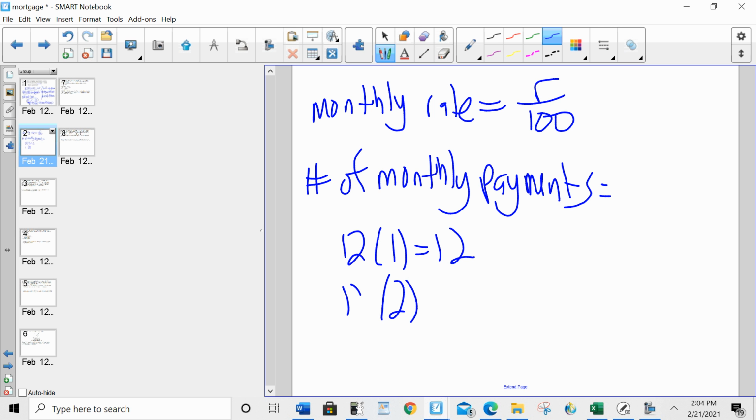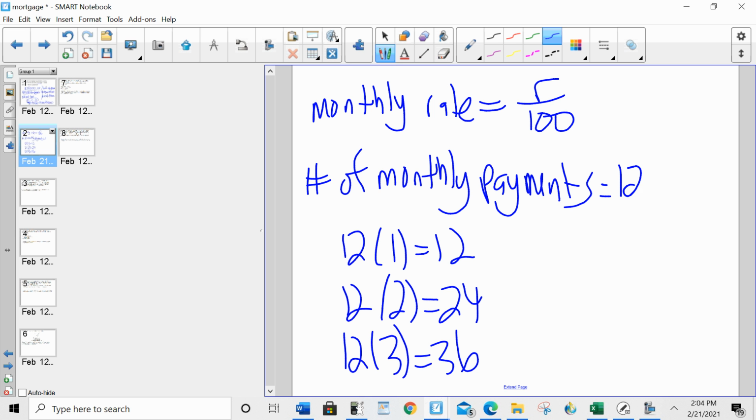Well, that would be 12 times 2, which is 24. How many monthly payments would I make in 3 years? Well, 12 times the number of years, and that's what I end up with. The number of monthly payments is 12 times the number of years. So that's going to come up in these problems as well.